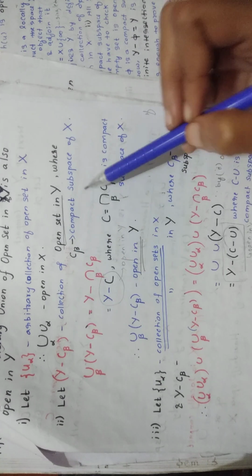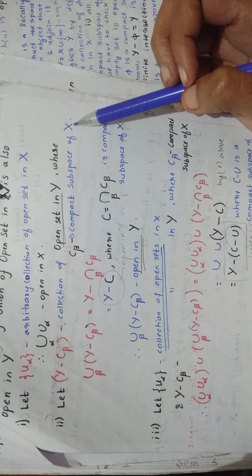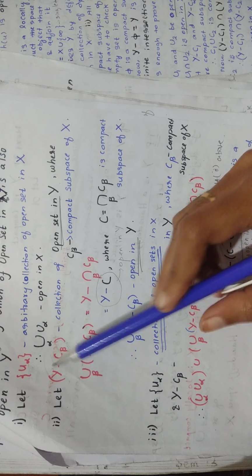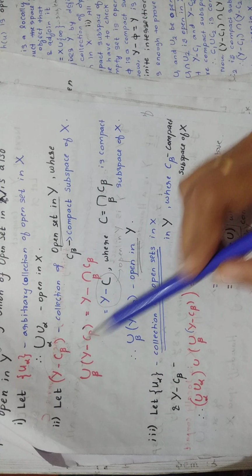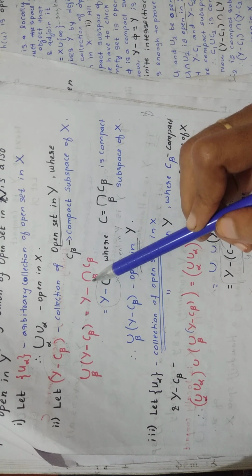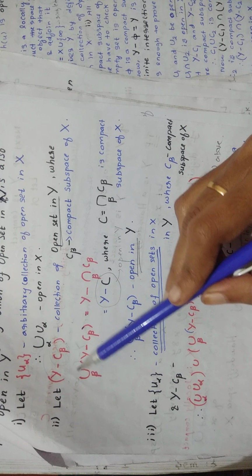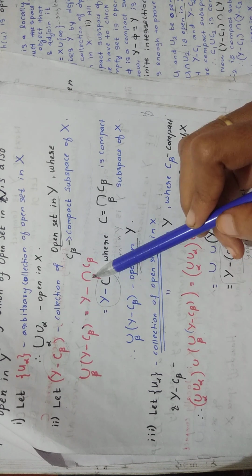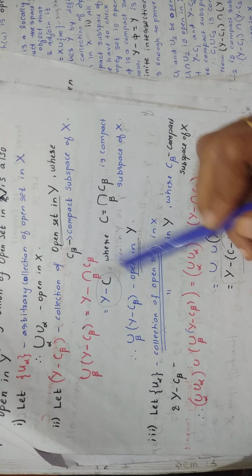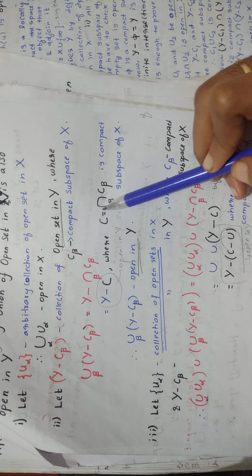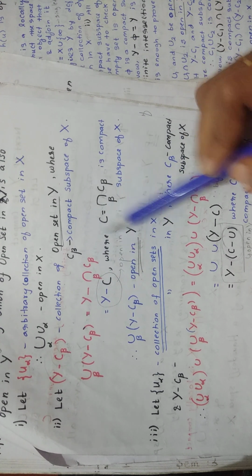Here C beta is a compact subspace of X. Okay. Now you are finding the union of this. From this to this step you will get by De Morgan's identity. You can write like this: Y minus, when union comes, this term becomes intersection. So Y minus, instead of this you are putting C, where C equals this. You know that this C is a compact subspace of X.